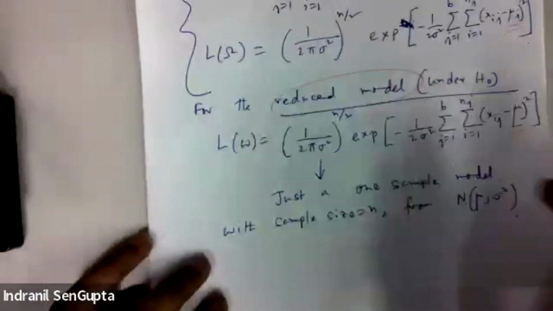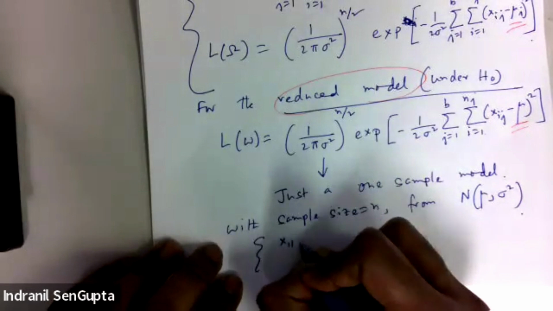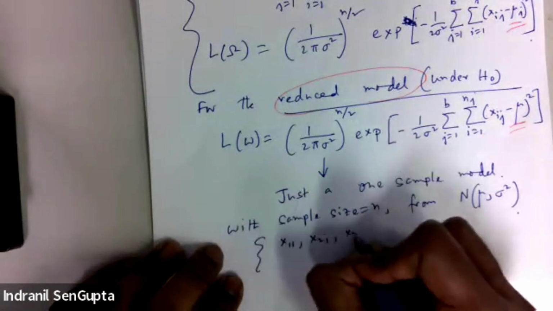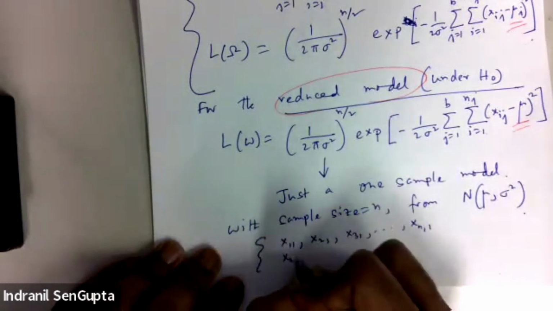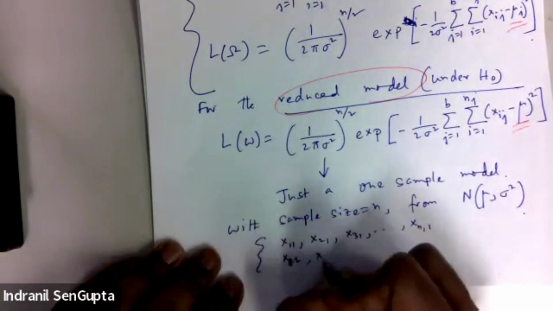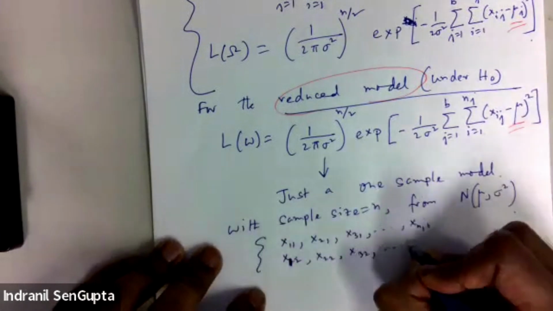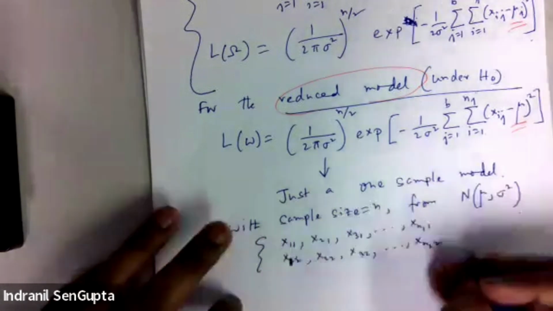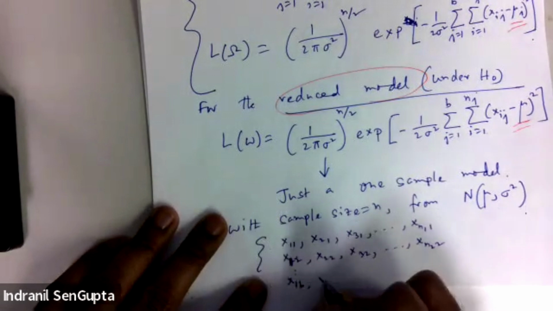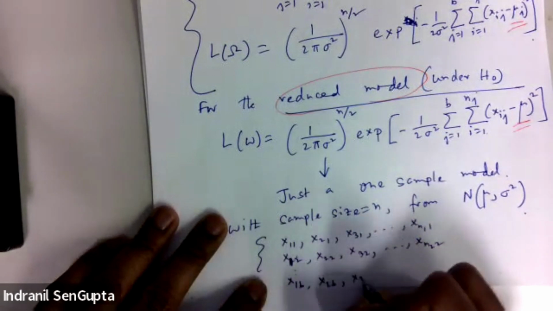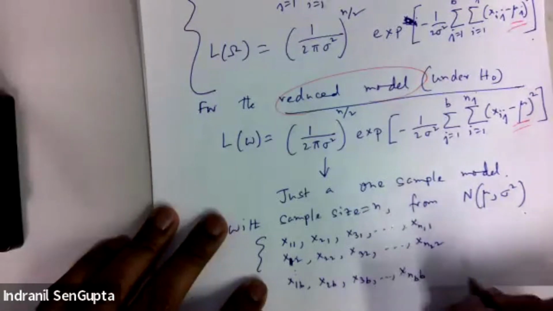So I can imagine this: I have these values x11, x21, x31, up to xn1 1, then x12, x22, x32, up to xn2 2, and so on up to x1b, x2b, x3b, up to xnb b.